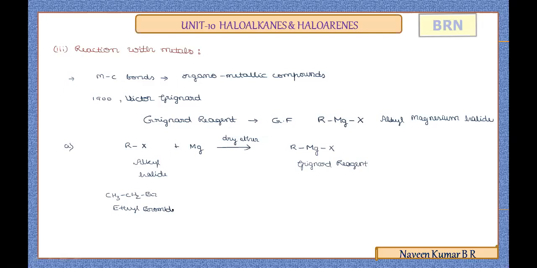Now when ethyl bromide is treated with magnesium in presence of dry ether, between the carbon of the ethyl group and bromine, the magnesium will form a bond, and as a result we are going to get ethyl magnesium bromide obtained as a Grignard reagent.